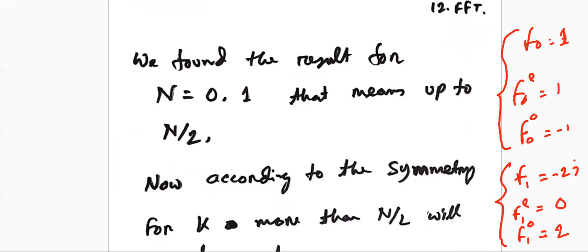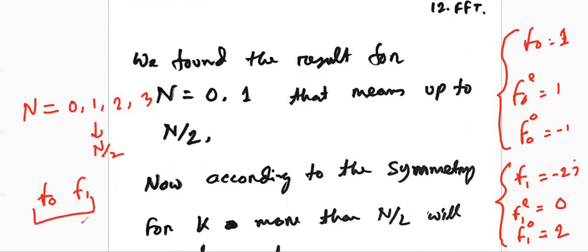Now, what is the total number? The total number of n is 0, 1, 2, and 3. So where is n by 2? This is your n by 2. So if you have already found f0 and f1, that is, you are at the location of n by 2. We have already found that. Now it will repeat.